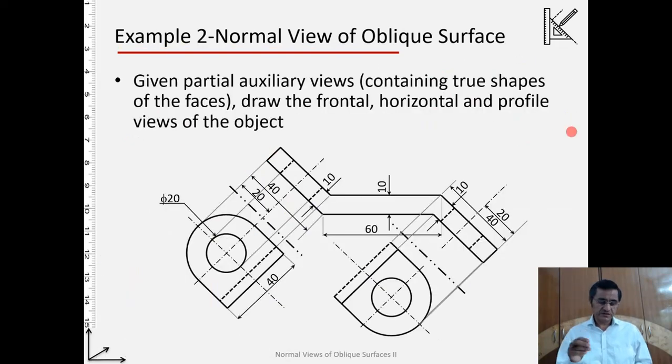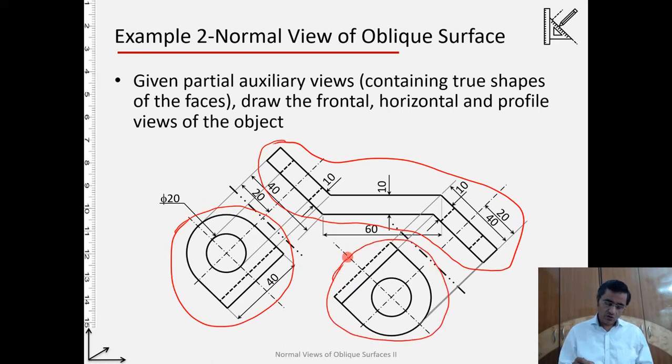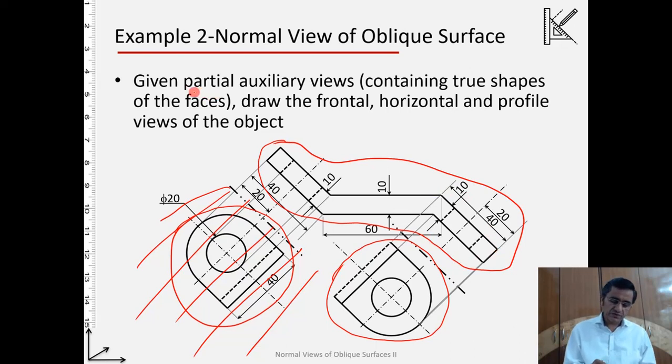So here is the second example, and in this case again, what is given to us, we are given the front view and the true shapes on these auxiliary planes of the object as it is here and as it is here. Now with the help of this, we call partial auxiliary views.